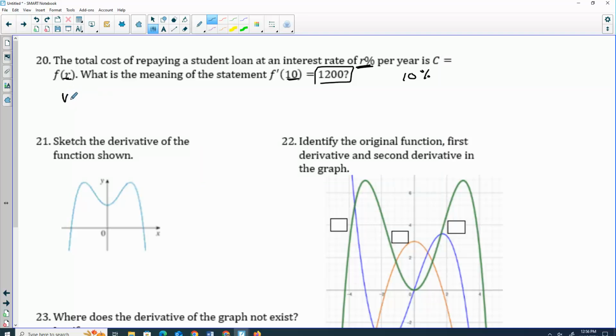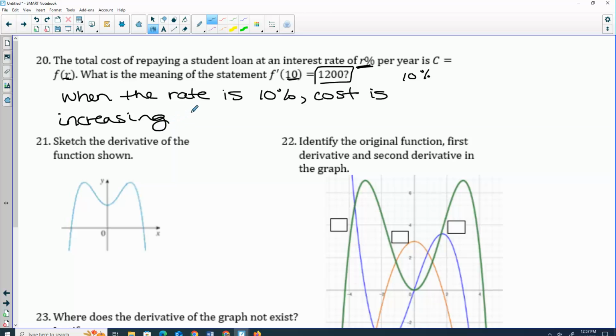So it's saying when the rate is 10%, it's not telling me what my cost is. It's saying the cost is increasing or decreasing. And how do we know? Because it's positive. So it's increasing by $1,200. If it were negative, we'd be decreasing.